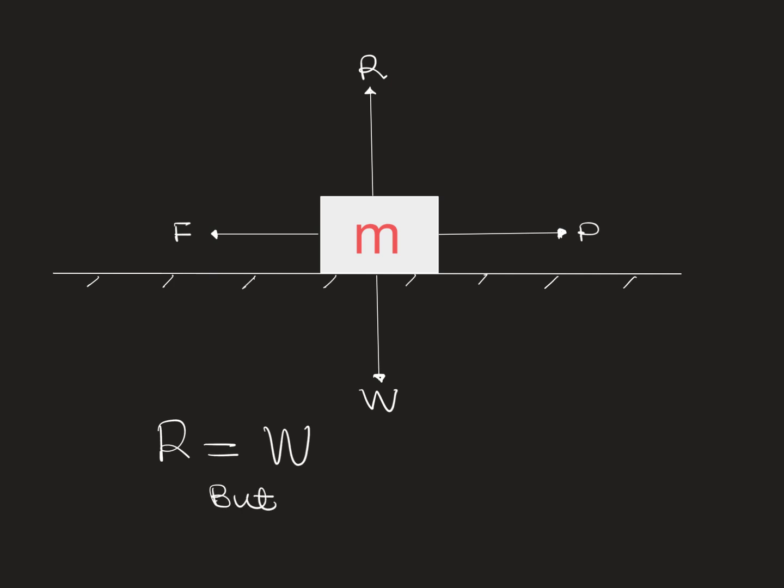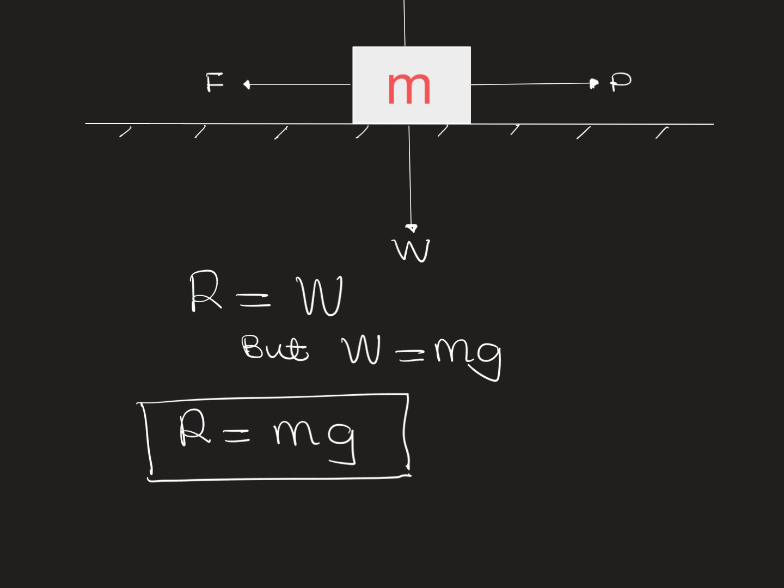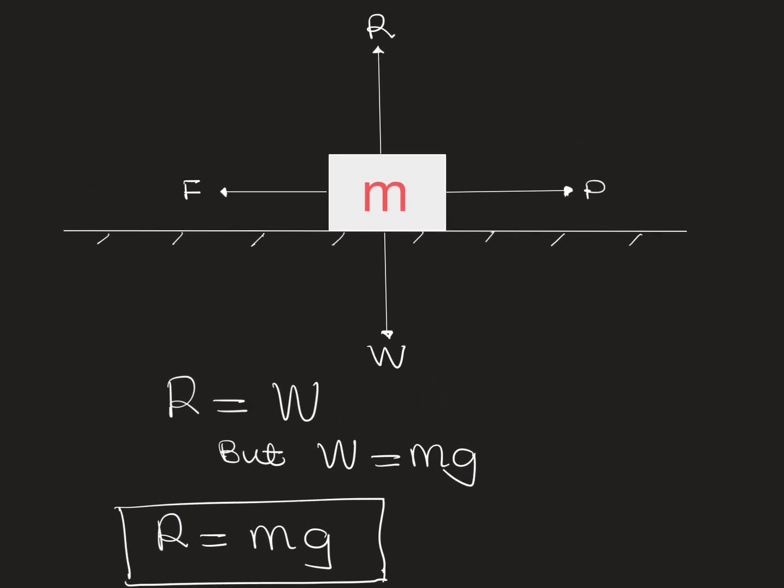But we know that weight is equal to mass times gravity, right? So therefore, R is also equal to mg. Okay? This is an important formula to remember. If you have a body that is in a situation like this, and they ask you to find the normal reaction, it is equal to the weight of the object.